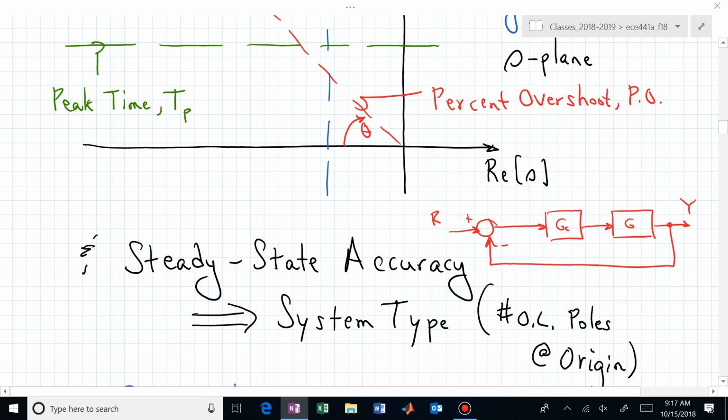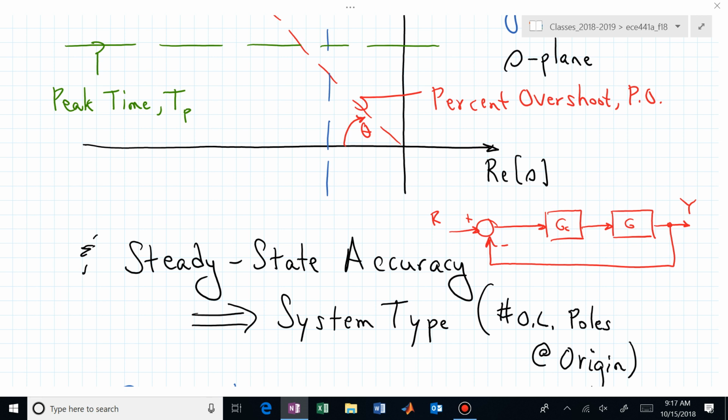If you have some closed loop block diagram such as this, G sub C, G, their combination, you're looking for how many poles in that combination are right at the origin to determine system type. Hopefully you're wider awake on Friday morning.